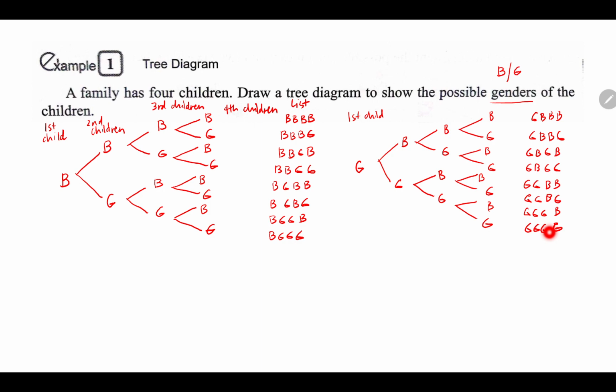So these are the possible genders using the tree diagram.